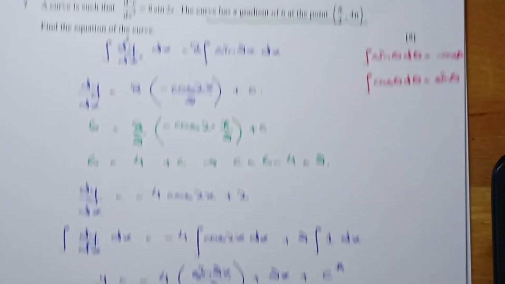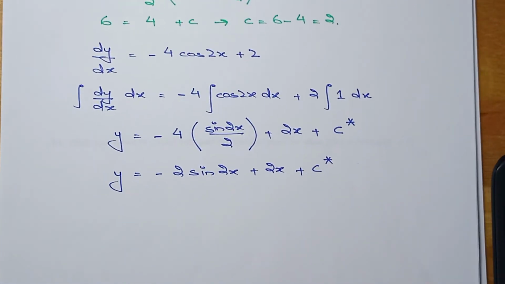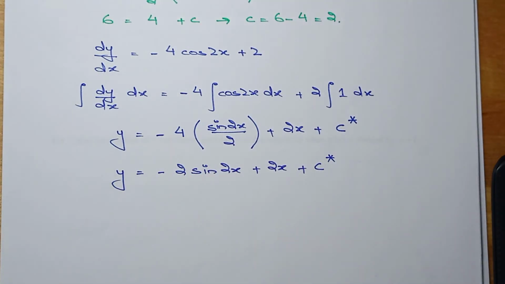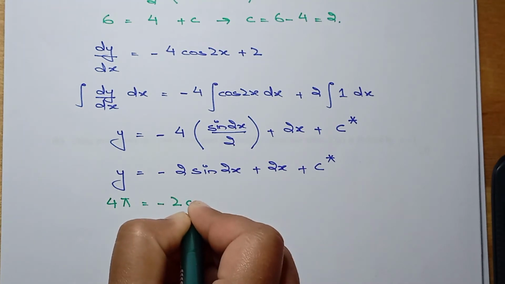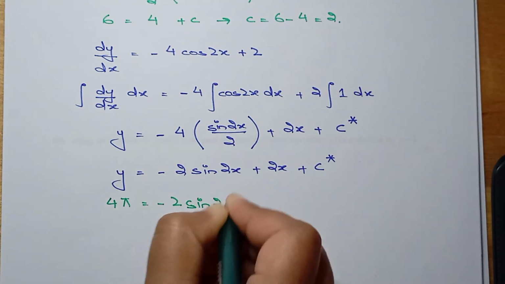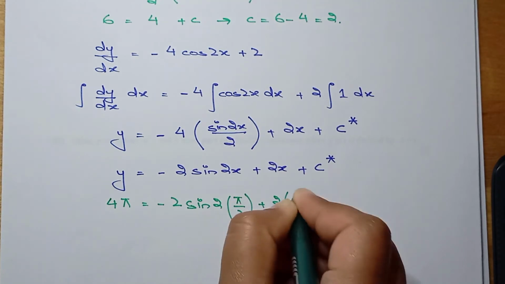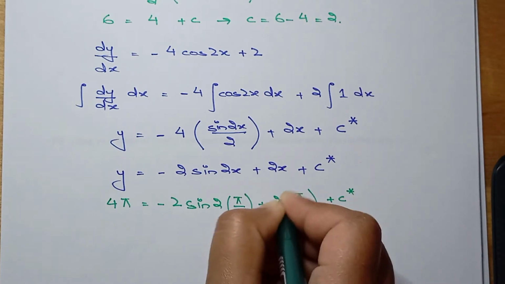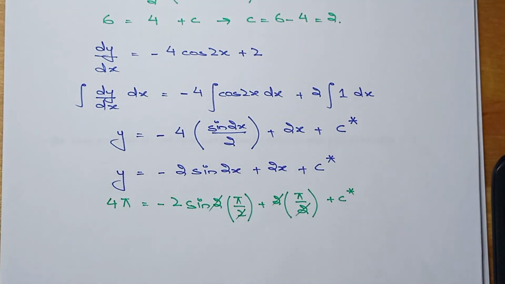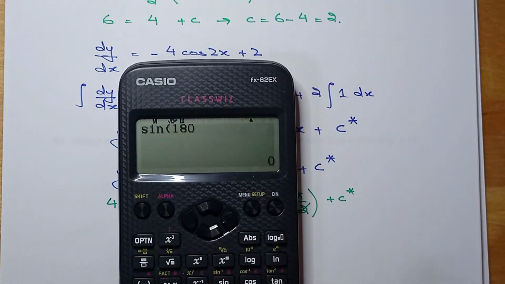Okay, we can find the c star by using the condition that a point is pi by 2 and 4 pi. So y is 4 pi and x is pi by 2. So when y is 4 pi, we have minus 2 sine 2 times pi by 2, plus 2 times pi by 2, plus c star. 2 is cancelled with 2, 2 is cancelled with 2, and sine pi is 0, sine 180 is 0.